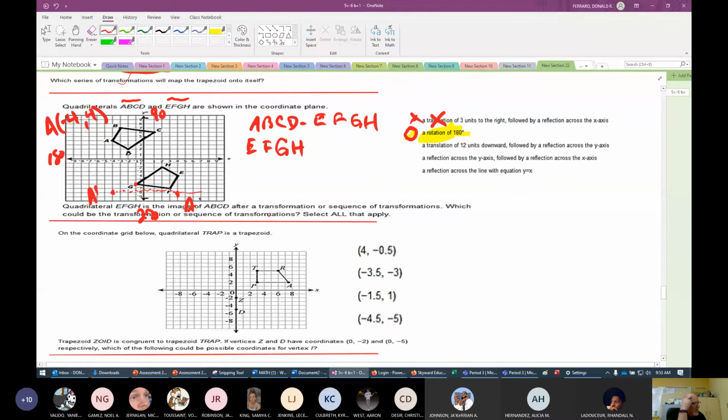That would be A double prime, okay? Or point E, that does not match. So this one is out, okay? We take that one out. So the answer is so far B, that's what I have, all right? And A and C do not work. So let me erase some of this stuff.